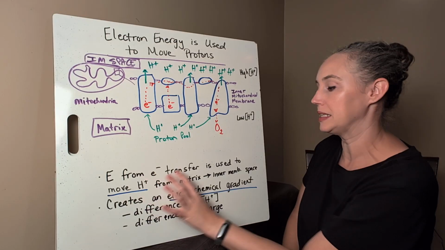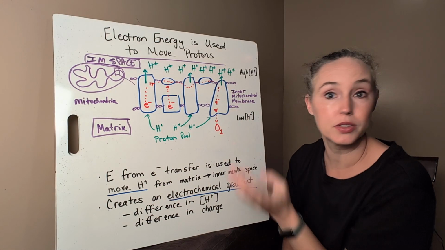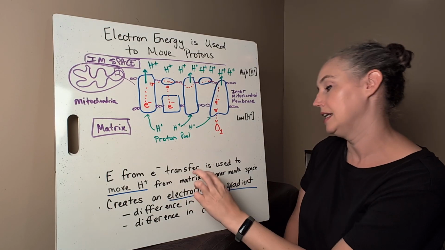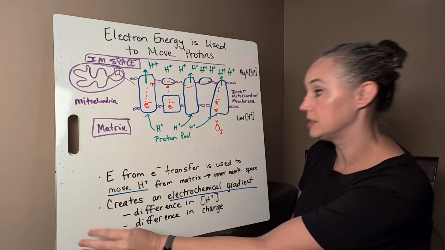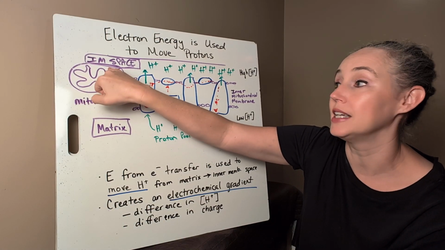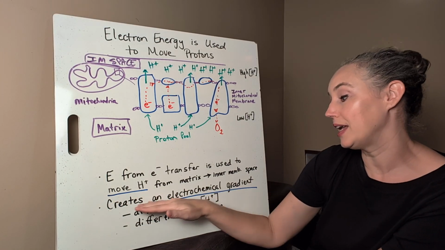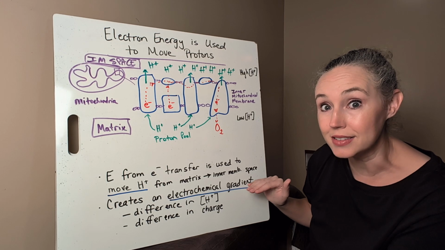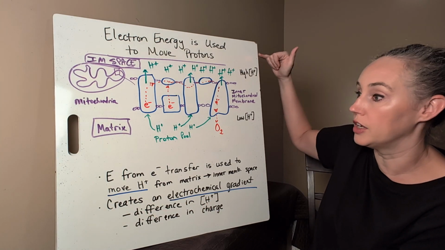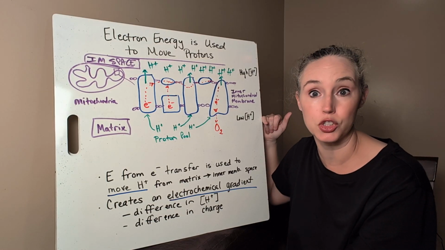So energy from electron transfer, going from one of these blue blobs to another, which isn't really a blue blob, it's a protein that actually does stuff, is used to move protons from the matrix into the intermembrane space. This creates an electrochemical gradient, which is a difference in proton concentration between the intermembrane space and the matrix. It also creates a difference in charge.